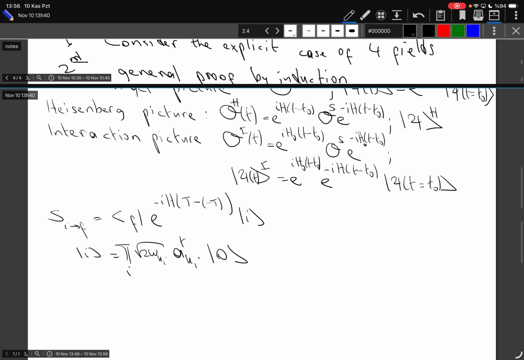I have to solve this one if you want to stick with the Schrödinger picture.